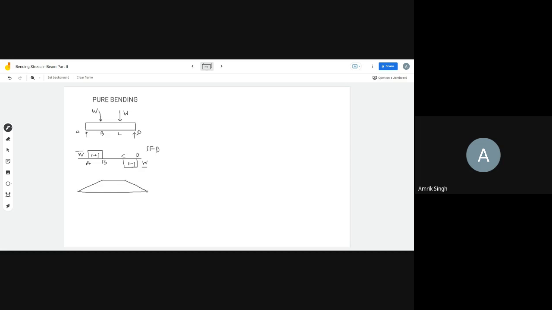So this is positive bending moment, and these are B and C and D. Pure bending is a case where only bending occurs.